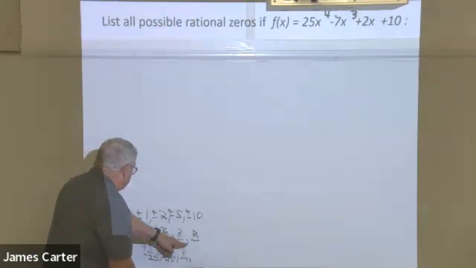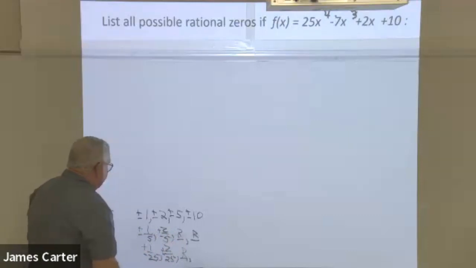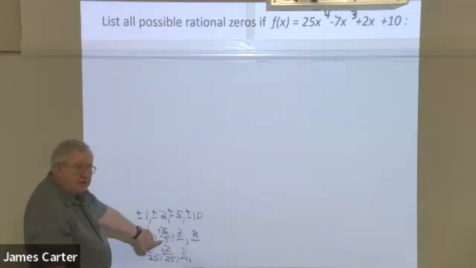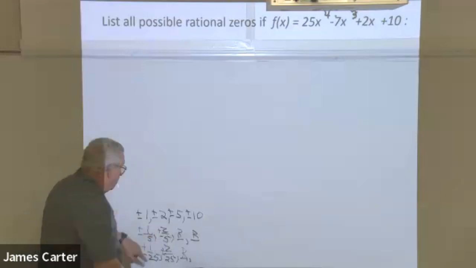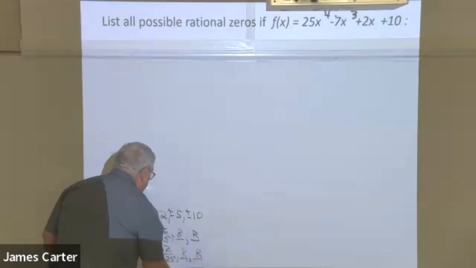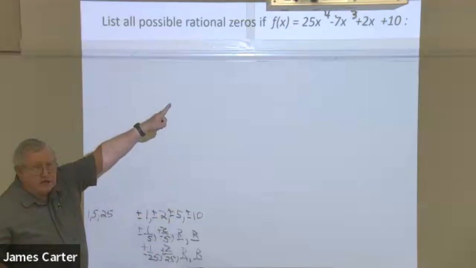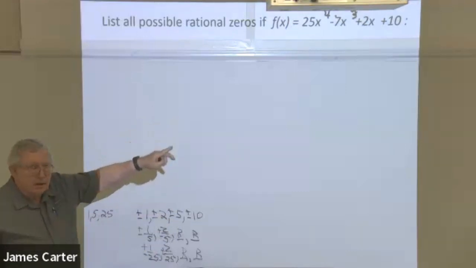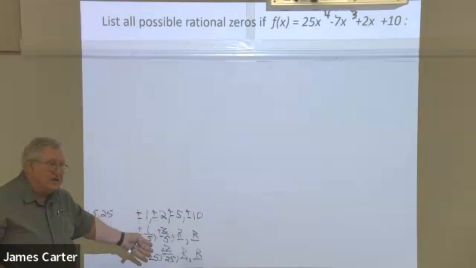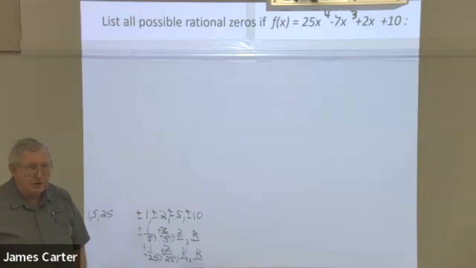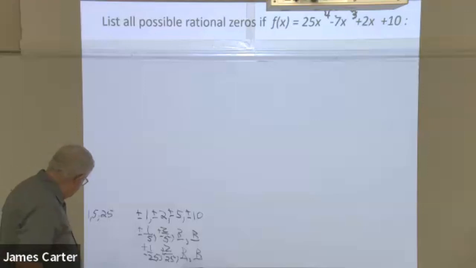And finally, 10 over 25 reduces to 2/5, which we've already got. So we don't need that one. Now, this is kind of a format that I'm suggesting you use when it asks you that question. This is a way you can avoid accidentally skipping an answer. Okay? The way they're going to list them out on my paper is much less organized. Well, it's pretty organized, but it's much less useful.